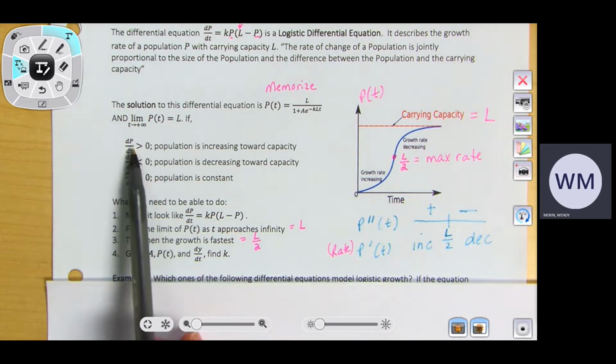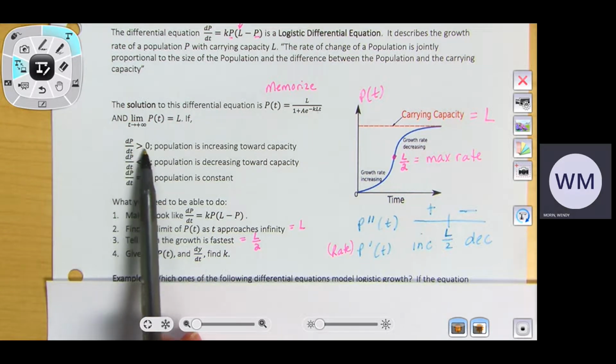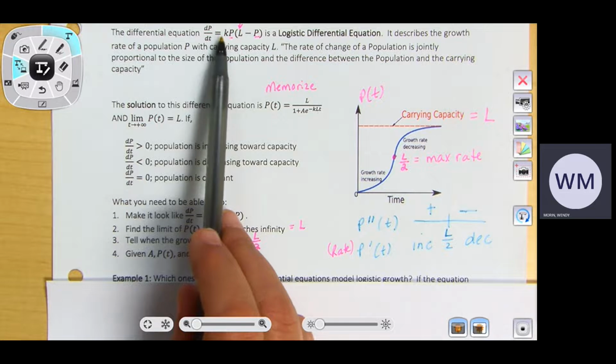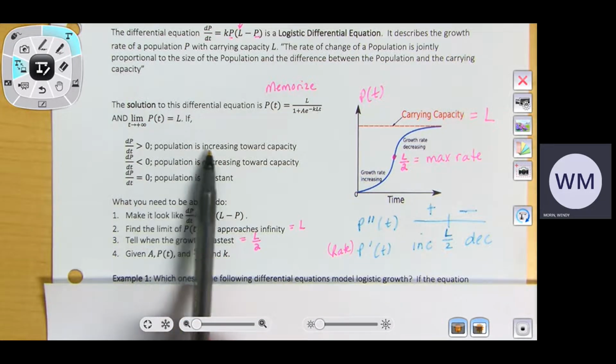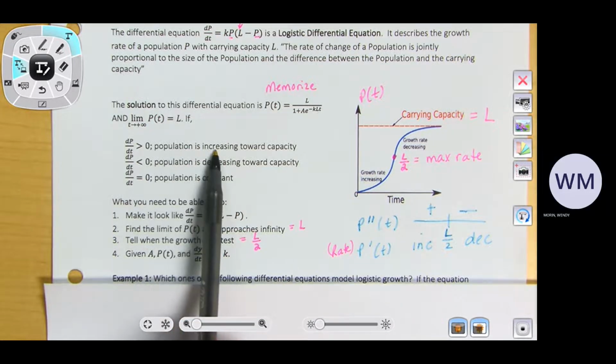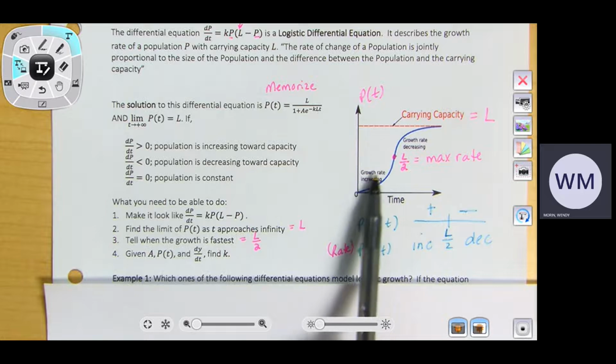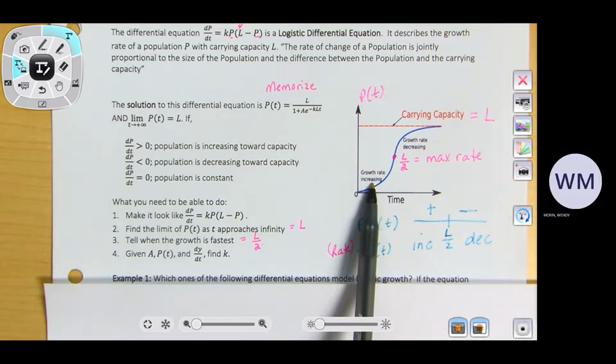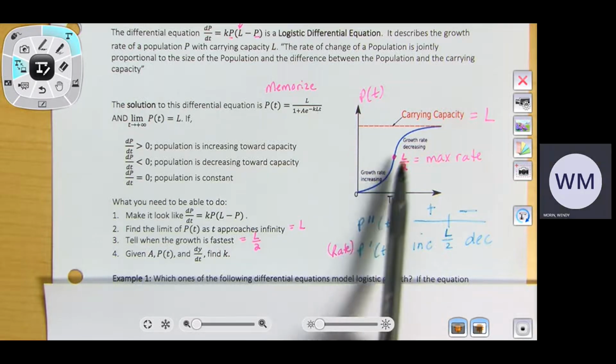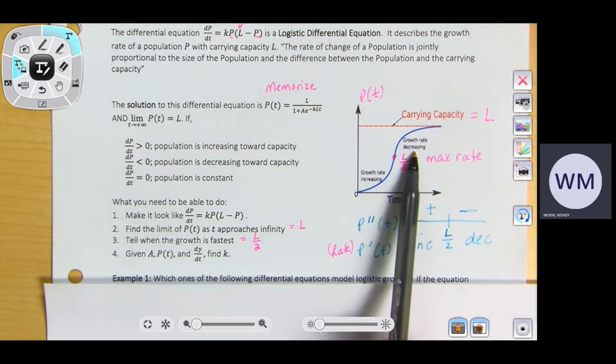So if dP/dt is positive, if your derivative is positive, the population is increasing. If your second derivative is positive, your growth rate is increasing. And if your second derivative is negative, your growth rate is decreasing.